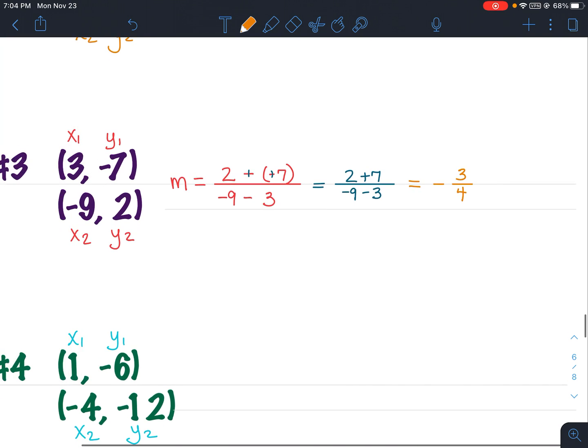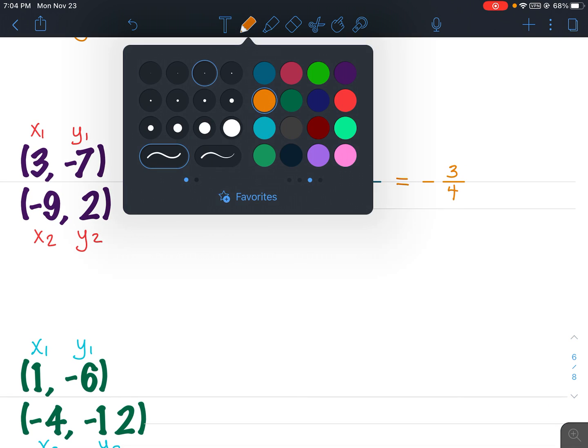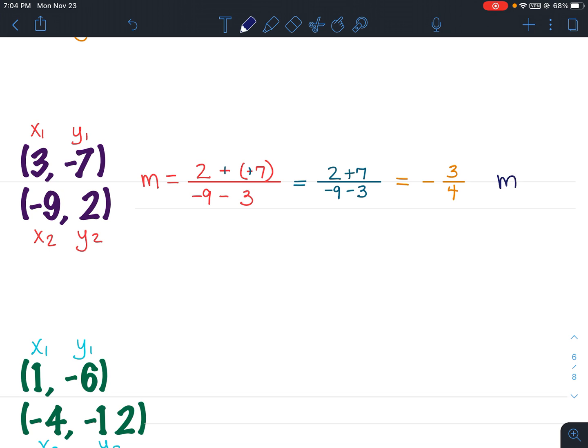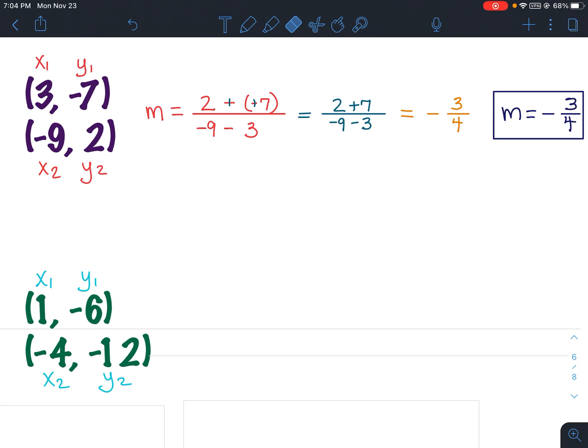So for example 3, my final answer is -3/4. So when I'm doing these, if I know I'm subtracting a negative, I immediately write the problem this way.